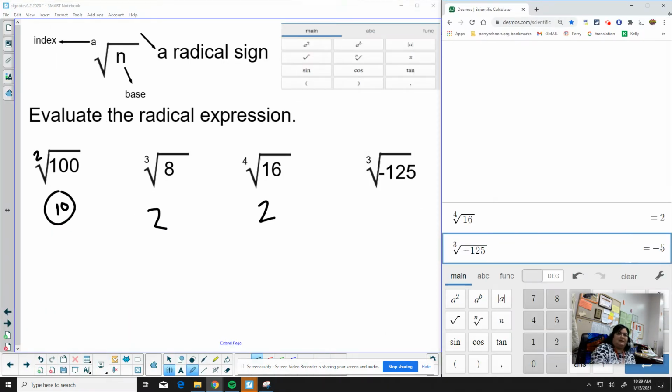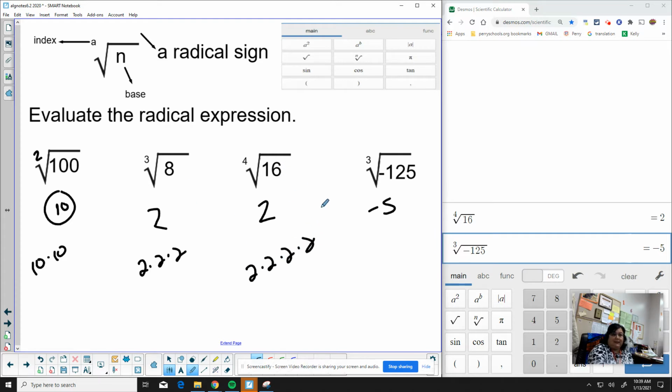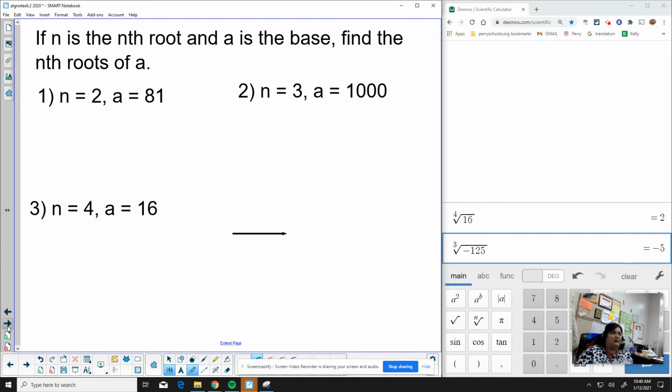The reason is that 10 times 10 is 100. 2 times 2 times 2 is 8, and 2 four times is 16, and negative 5 multiplied 3 times gives you negative 125. Those are why that's working. So you have to know how to put it in the calculator, but you also need to know what it actually means.